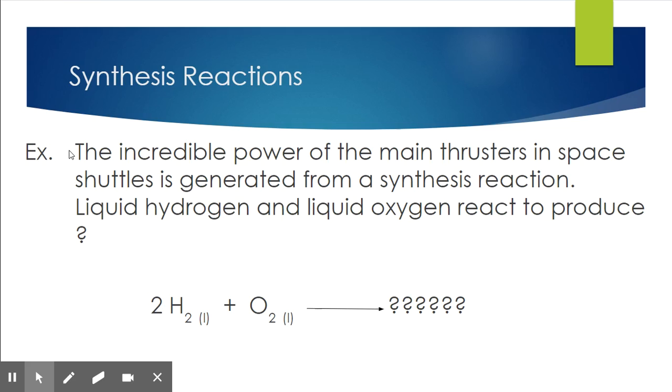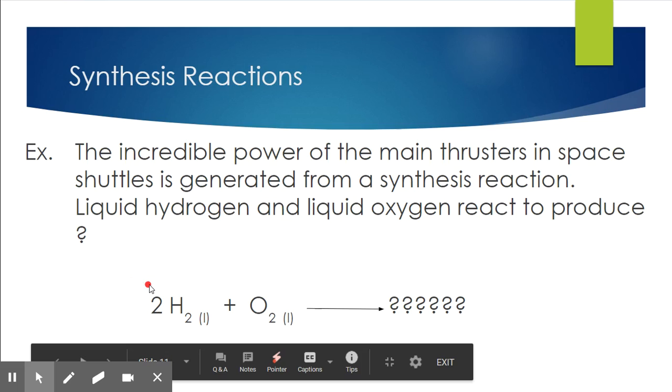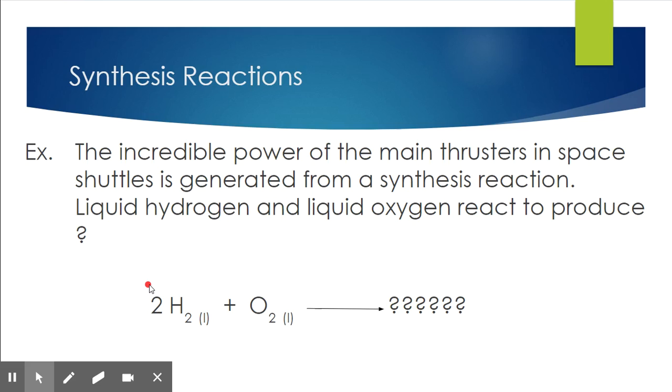The incredible power of the main thrusters in the space shuttle is generated from a synthesis reaction. Liquid hydrogen and liquid oxygen react to produce something. Okay, now take a look at this and try to think about what they will react to produce.